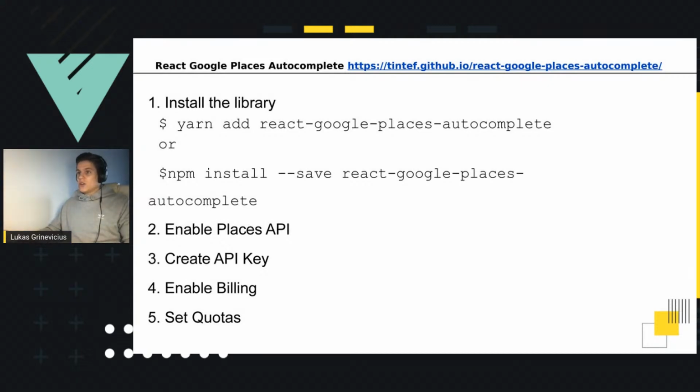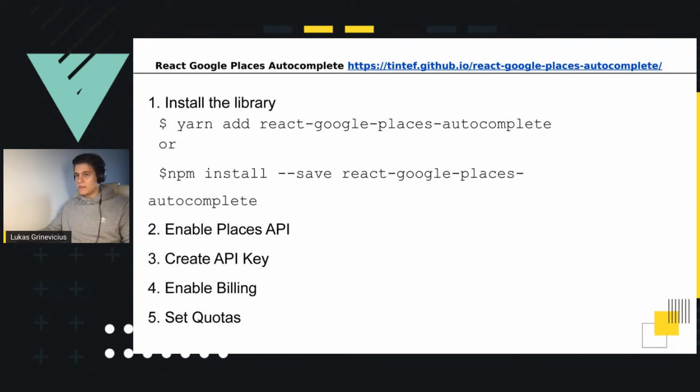So you need to go to console.cloud.google.com. In here, you need to click on Marketplace. In Marketplace, you need to find Places API. Let's go to Places API here and enable it.